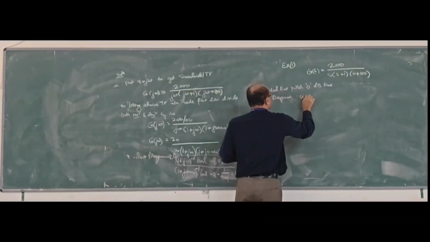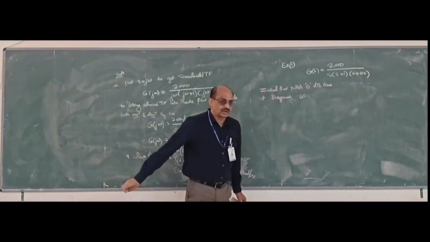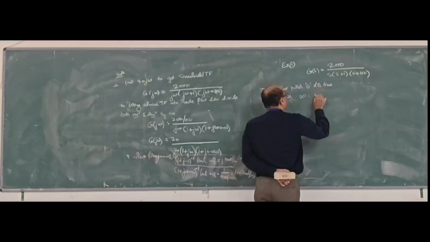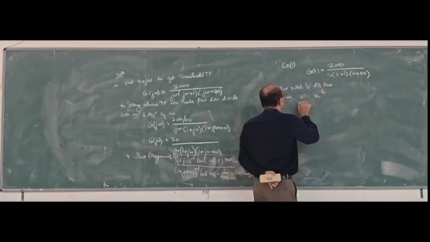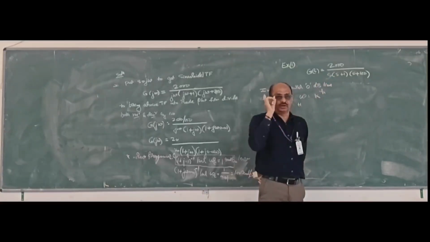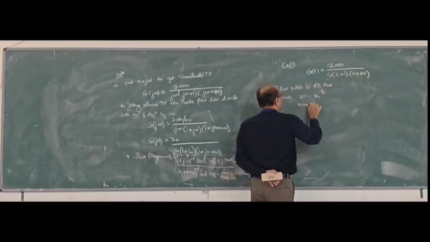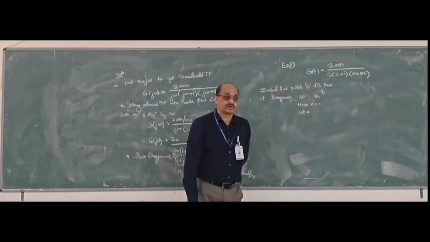So we have derived this one. Omega is equal to the nth root of k. Here n equal to 1, so in this case there is only one pole, s to the power of 1. So omega crosses the 0 dB line at omega equal to k.